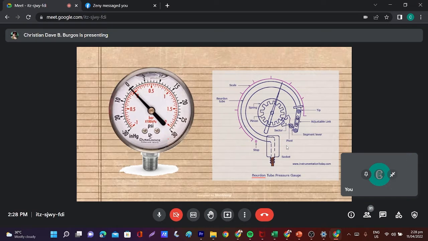Zero po. Opo. Negative 40. Vacuum pressure po.